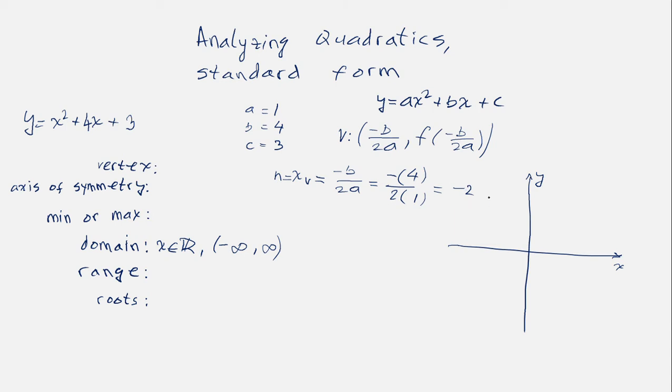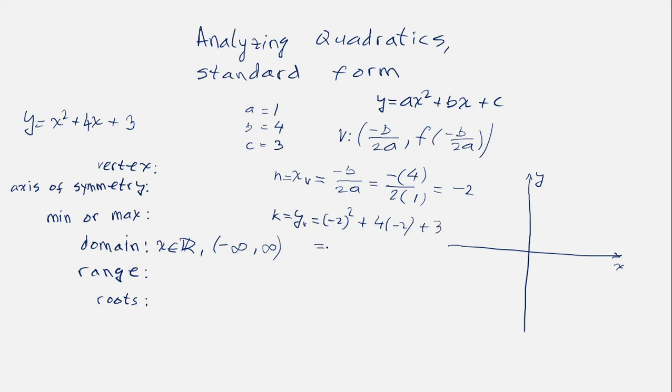All we need to do now is take this negative 2 and put it back into each x in our equation. So the k of the vertex is actually y of the vertex, and it's equal to, instead of x we put negative 2, so negative 2 squared, plus 4 times, again instead of this x we put negative 2 again, and then we have plus 3 at the end.